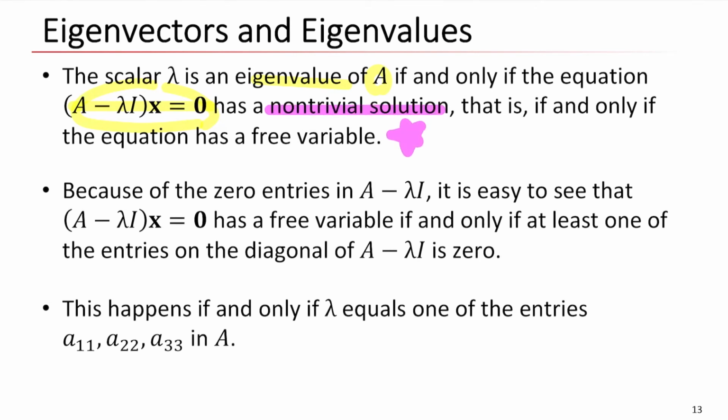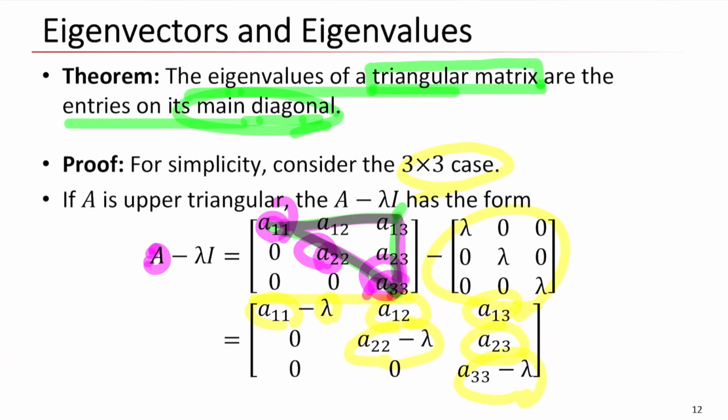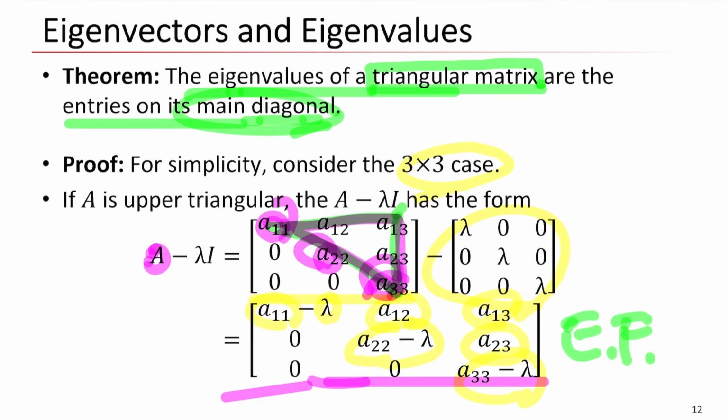We already know that to have a non-trivial solution, the equation has a free variable. So let's analyze whether this equation has a free variable or not. As you can see here, this matrix is already in echelon form, because the shape looks like this, right?